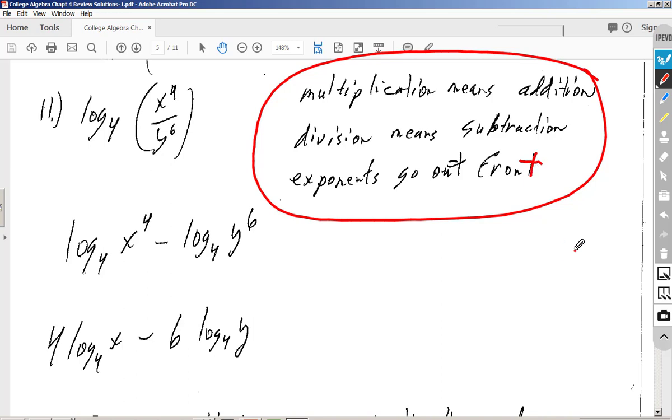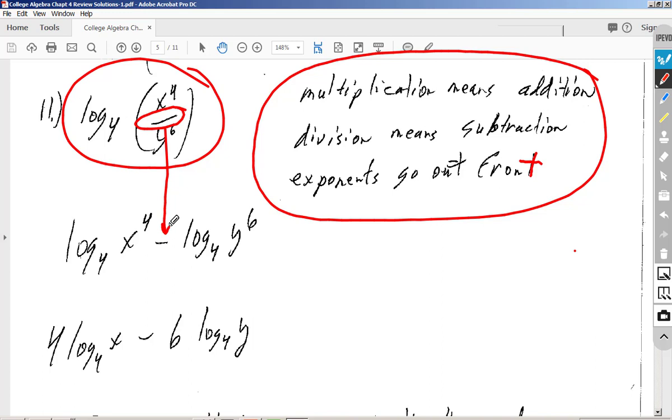So remember those rules. Here I've got my logarithmic expression. I've got log base 4, and then in parentheses I've got x to the 4th divided by y to the 6th. The first thing I notice is there's my division. So division means subtraction. I'm going to rewrite this as log base 4 of x to the 4th minus log base 4 of y to the 6th.